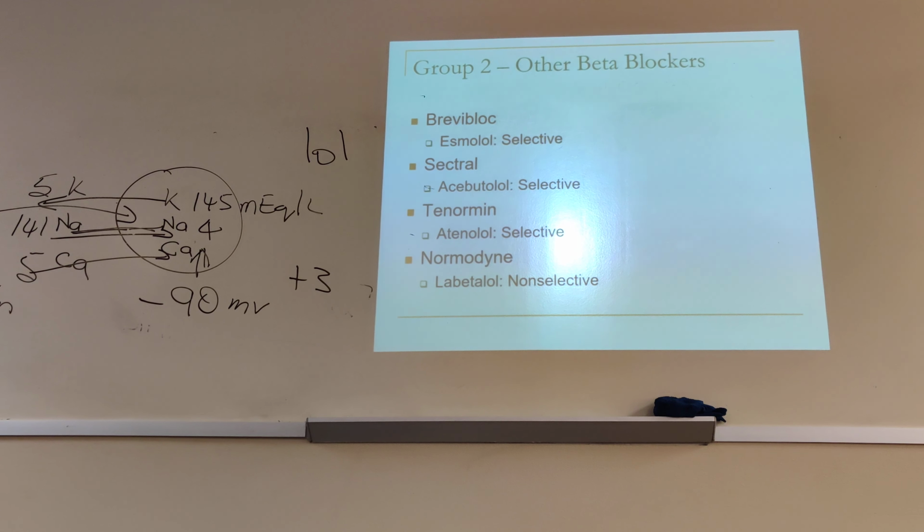If your hypertension is being caused by your heart going very fast, the doctor may put you on Zebeta. It's selective, it only blocks the beta-1 receptor side. And then we have Tenormin, which is atenolol. That's also a very common blood pressure medication. That is also selective. And then we have Normodyne, which is labetalol. Non-selective, that one will affect both beta-1 and beta-2 receptor sides.